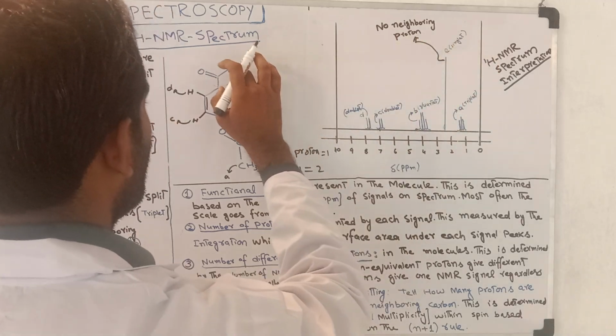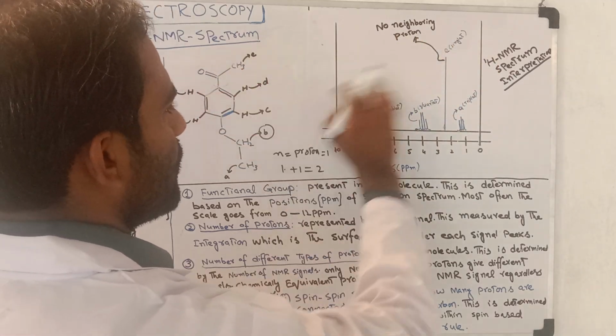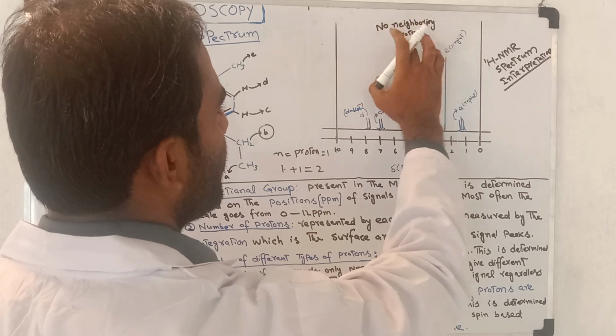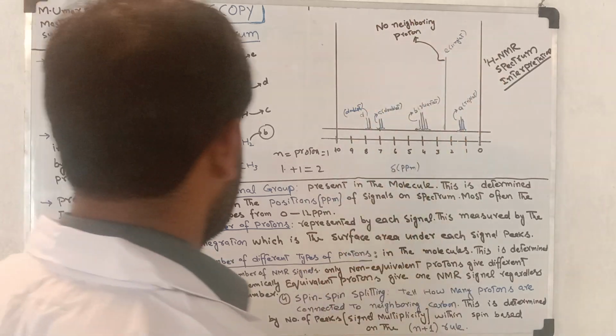The E proton has no neighboring protons, so it shows only a singlet peak.